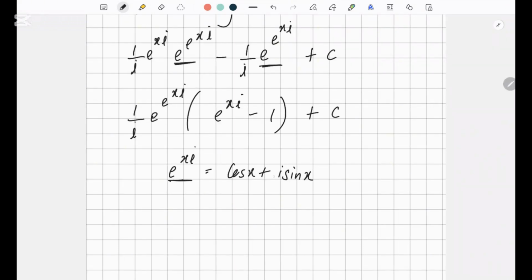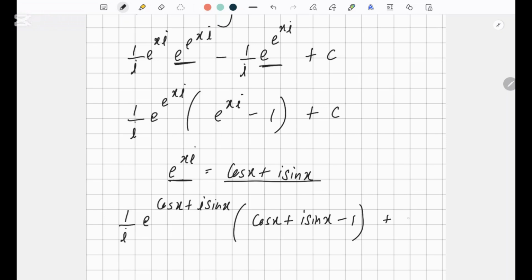Now instead of this we could write cos x plus i sin x. So 1 over i into, now e to the power xi we could write cos x plus i sin x, into e to the power xi, again cos x plus i sin x, minus 1 plus c.